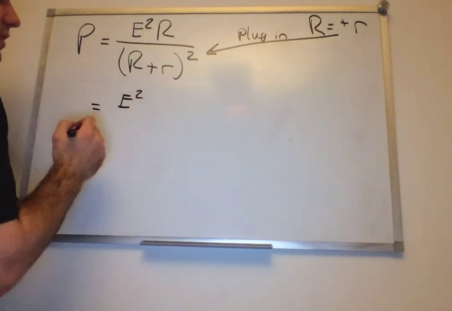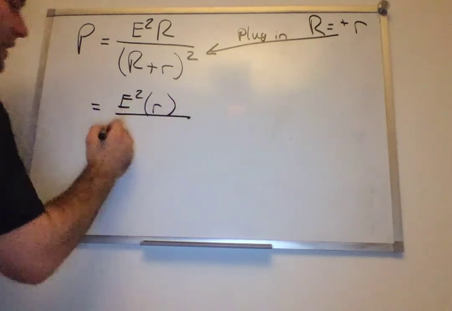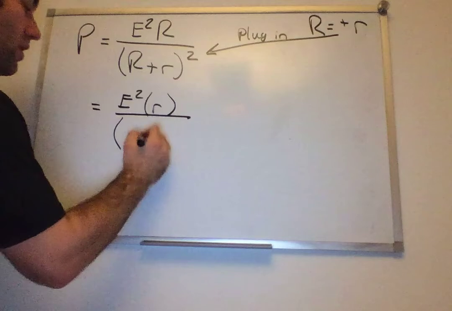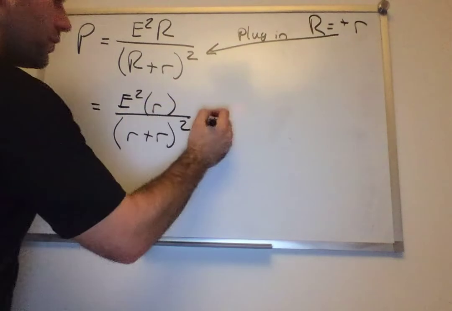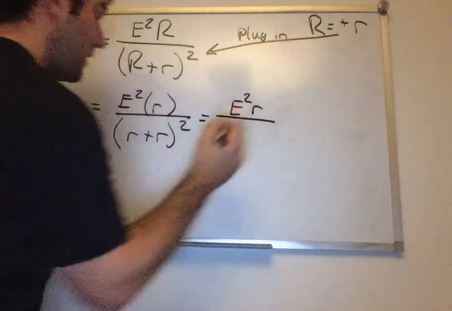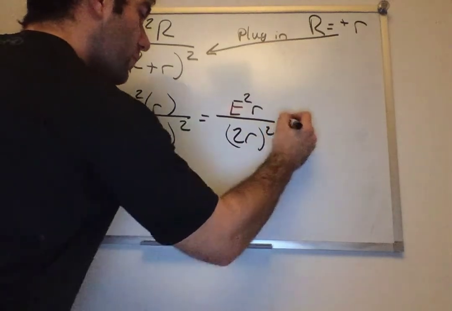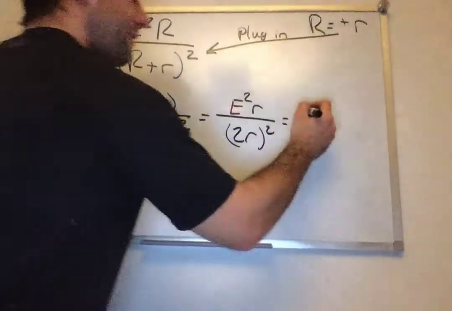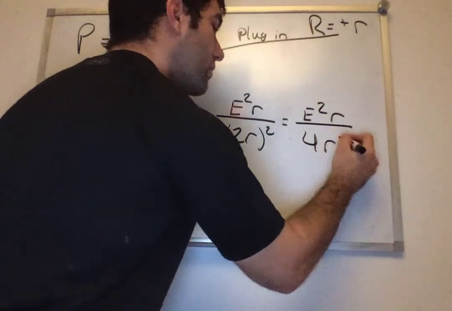E squared times little r divided by little r plus little r squared. Well, that's E squared little r divided by r plus r is 2r squared. E squared little r divided by 4r squared.